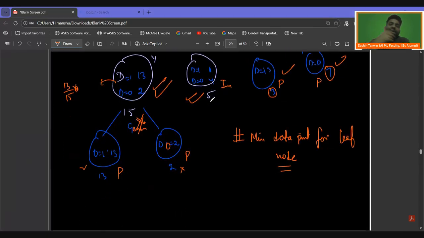I hope you're clear with how we decide what should be the feature I shall be using for the split. Okay, it's entropy, Gini impurity index, or information gain. If I have found out the feature, I'll split. Again, I need to find out what should be the best split. For that, again, I would like to look for the feature.